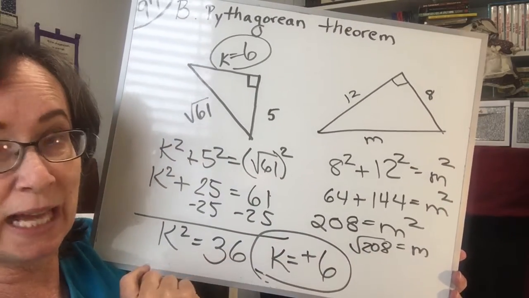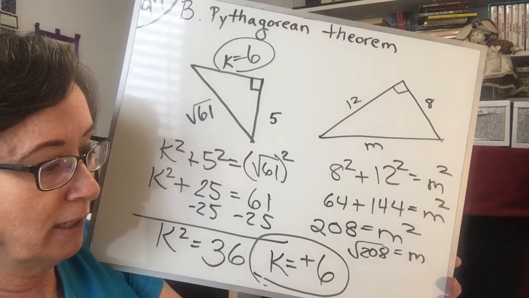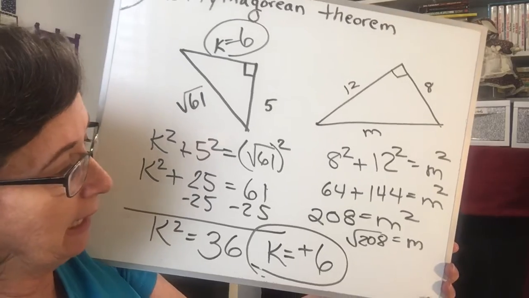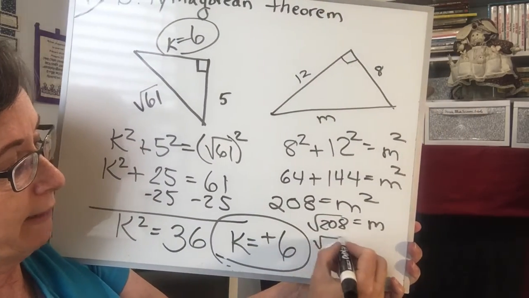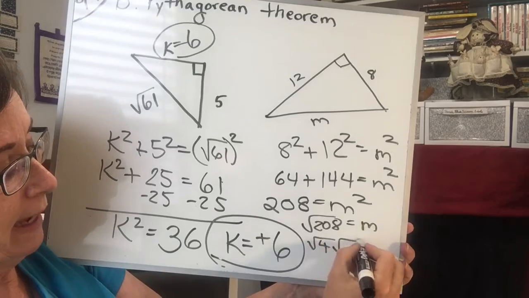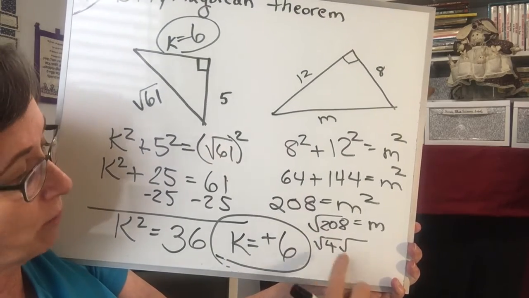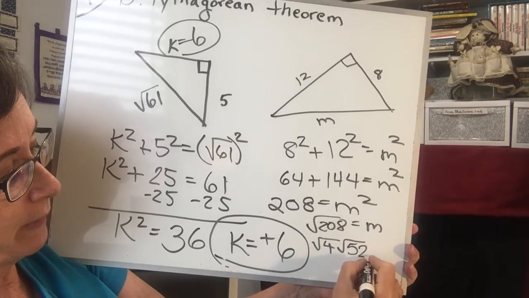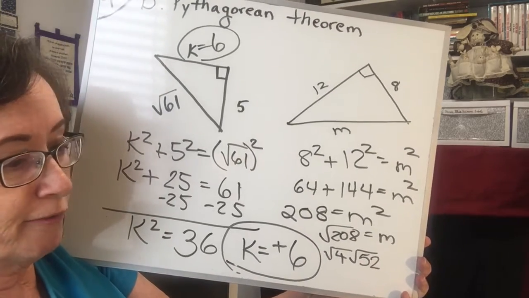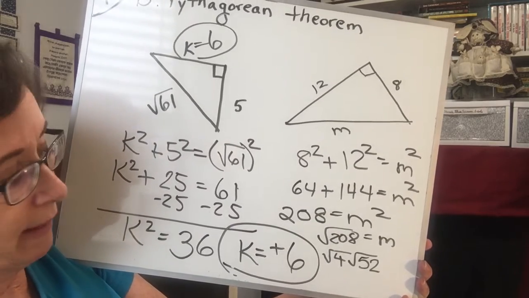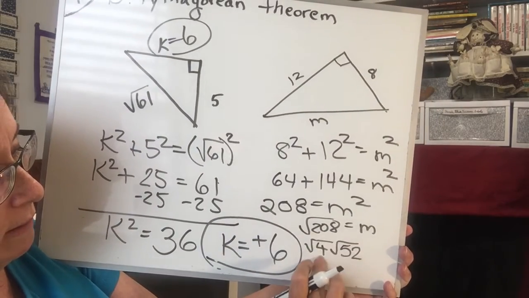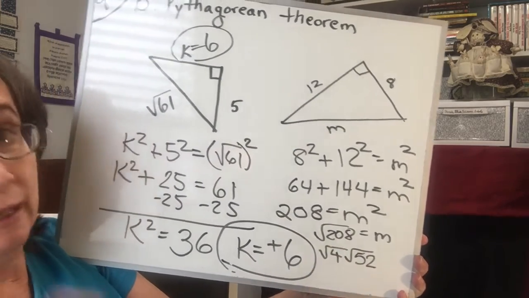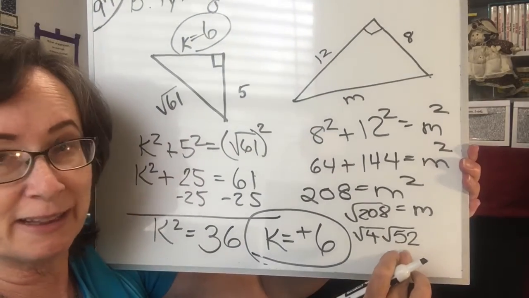However, there's something I can pull out of there to get it into a better form, and that's going to be a 4. So we're going to break this up into a 4, and if I divide 208 by a 4, I'm going to get a 52. Then I'm thinking that I can also divide the 52 again.